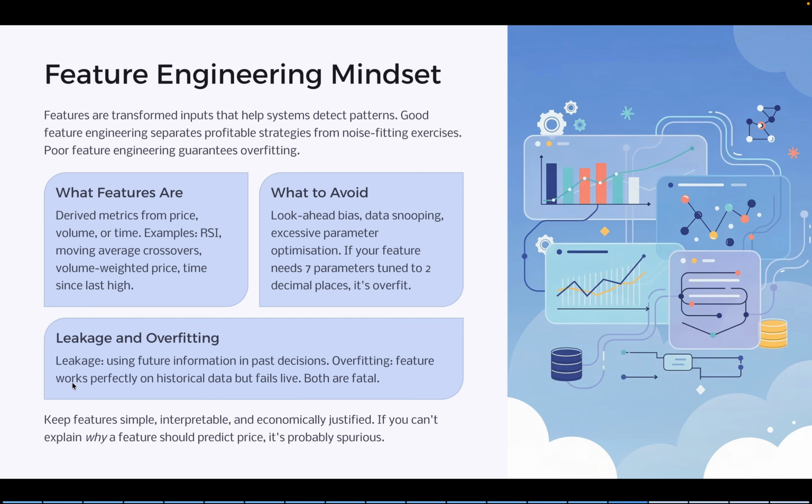That's because you're probably a victim of overfitting in your data set. So you need to be sure of your data processing and the way you're doing backtests. Keep features simple, interpretable, and economically justified. If you can't explain why a feature should move price, it's probably just false.